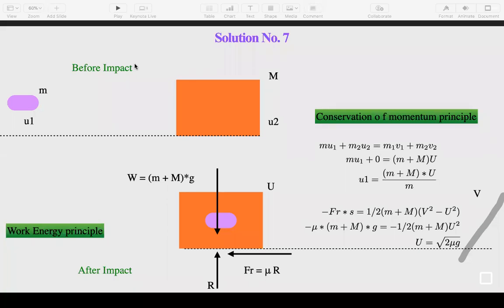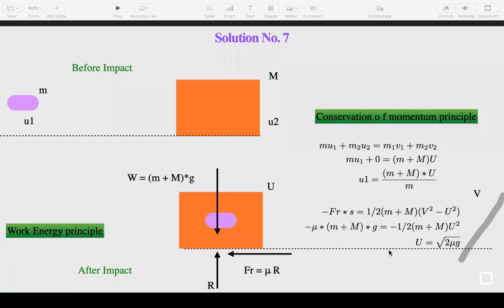We are considering horizontal motion, not vertical displacement, so only one force is present in the horizontal motion, the frictional force. Frictional force is opposite to the motion, so the work is negative here. So minus Fr into S equals the change in kinetic energy, 1/2 m v square minus 1/2 m u square.